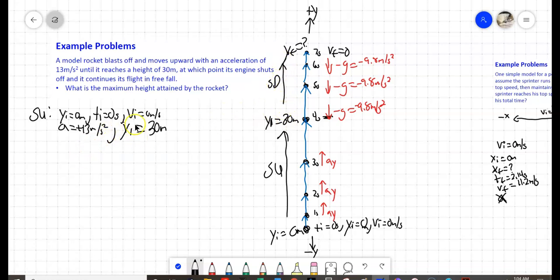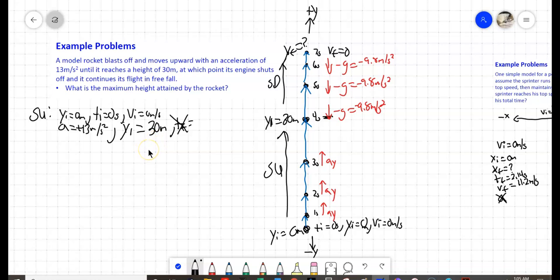What we don't have is the final time that happens. We don't know what that is, and I think that's what we have to solve for, because we have pretty much everything else that we need.